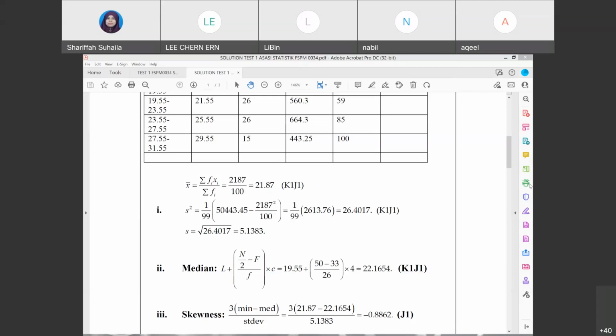Sama ada, kita better gunalah mean minus median tadi. So 3 times mean minus median divided by standard deviation. So you get the value and then this one is skewed to the left. So kalau kamu guna mean minus mode tu, dia punya value tu lain sikit lah, tapi dia punya plus minus is the same thing. Okay. And then the last one, you get P, persentil yang ke-80.